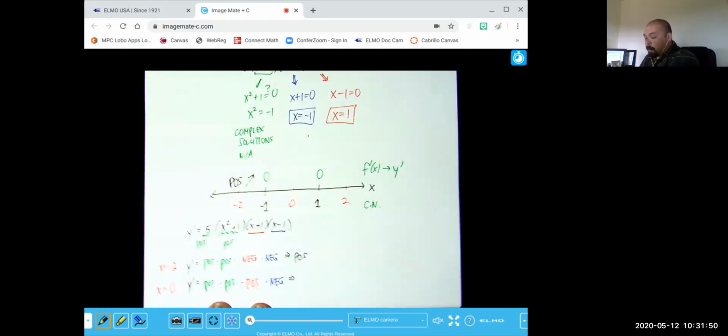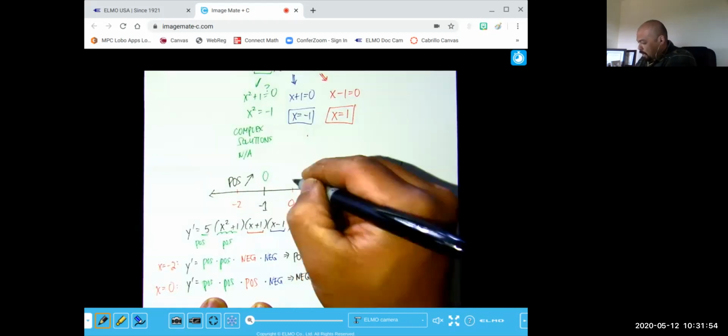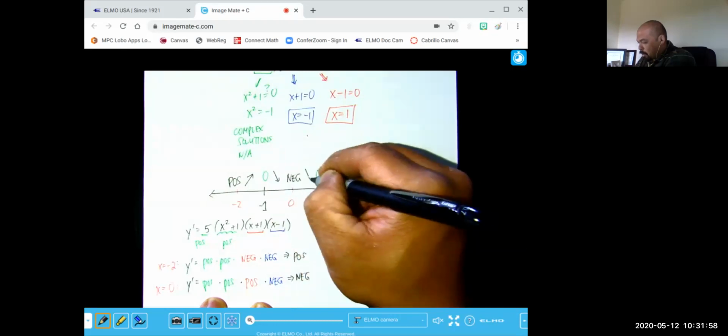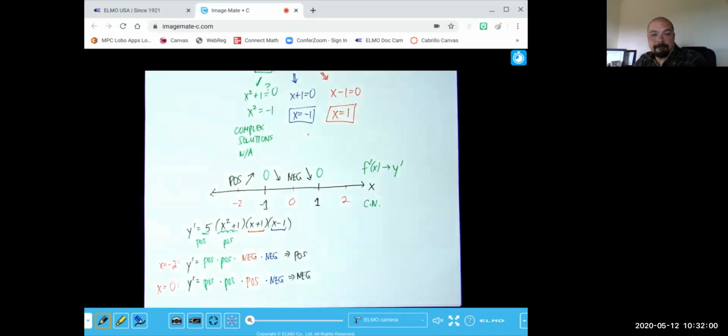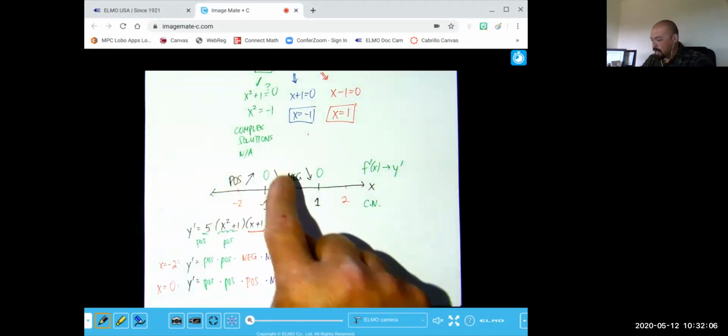Multiplying those through, all positives, then finally a negative at the end of that calculation. So on this side, we're decreasing. So climbing up to a maximum, for our next step, dropping down.